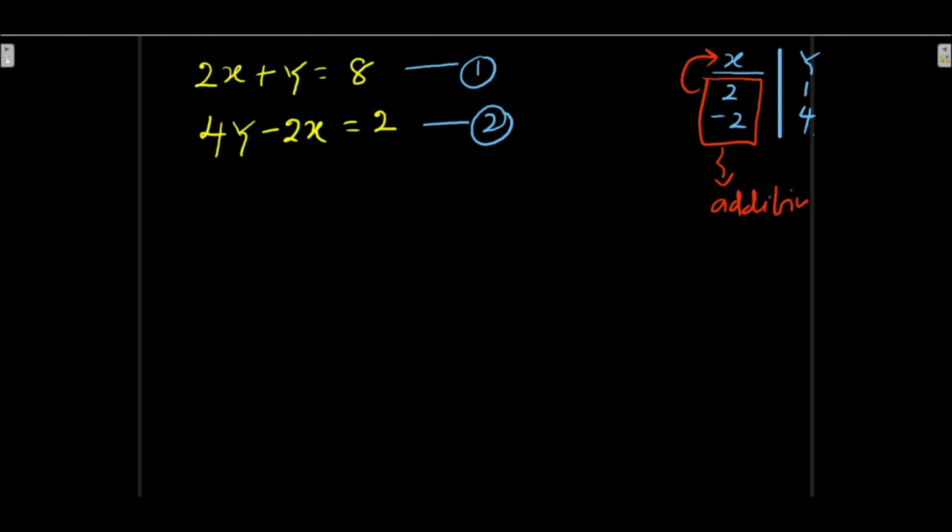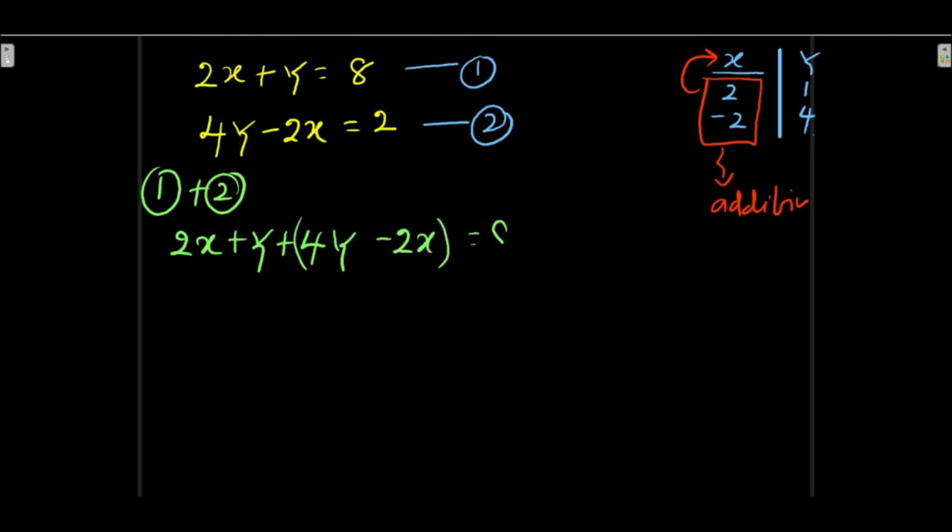Okay, you already have made your decision. Then what do you have to do here? I will write 2x plus y plus 4y. You have to put the bracket here, that is better, equal 8 plus 2. Here you add the right side of your first equation to the right side of your second equation, and the left side to the left side.